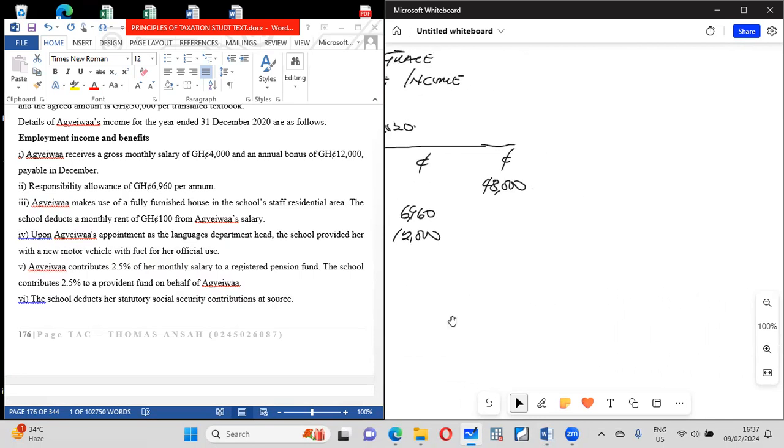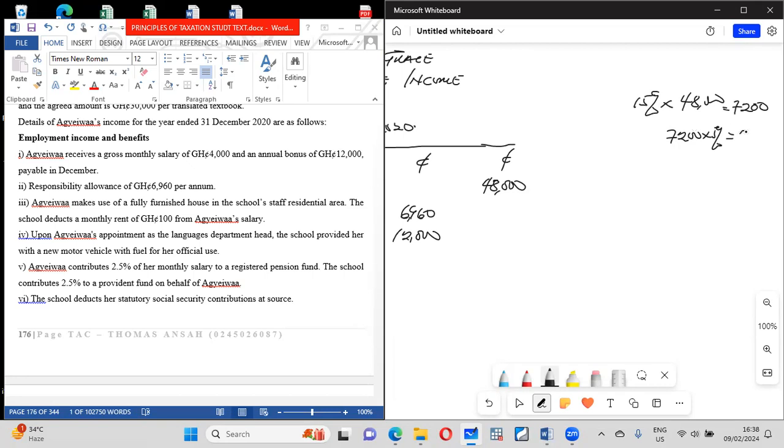Let's do some working somewhere. You will do 15% of 48,000. 0.15 by 48,000 gives me 7,200. It means that for the bonus that is paid, you will do 7,200 multiplied by 5% for the final one, so by 0.05.